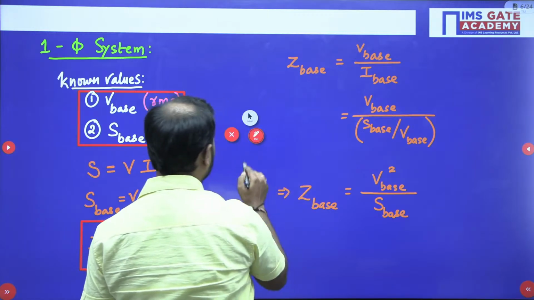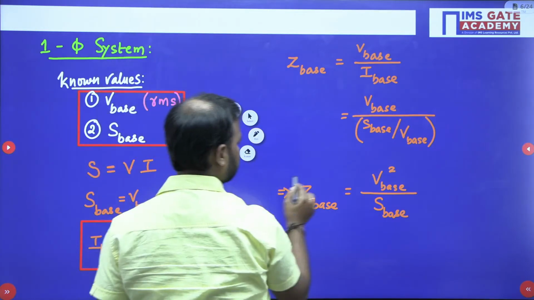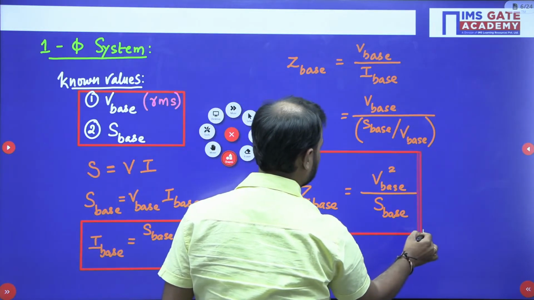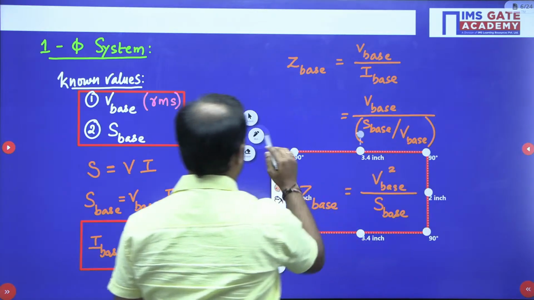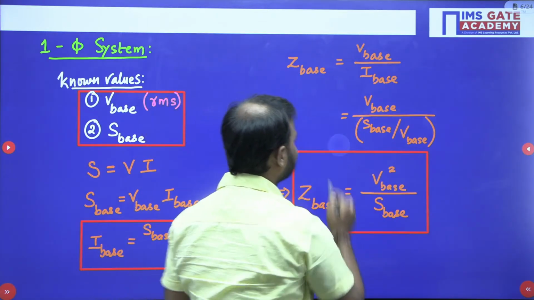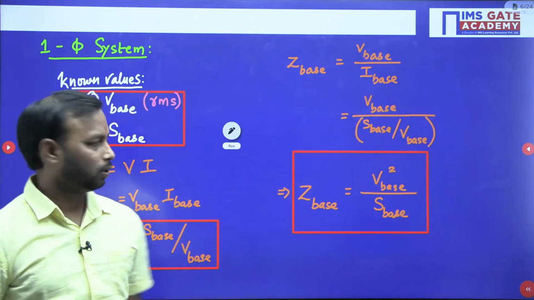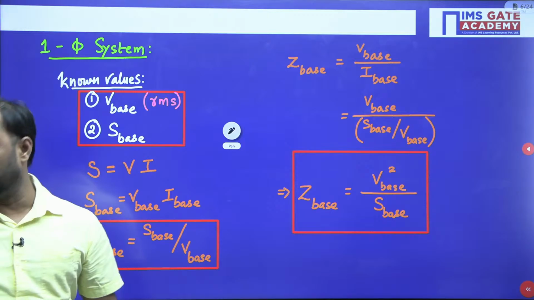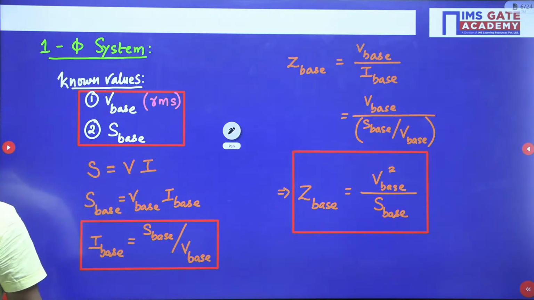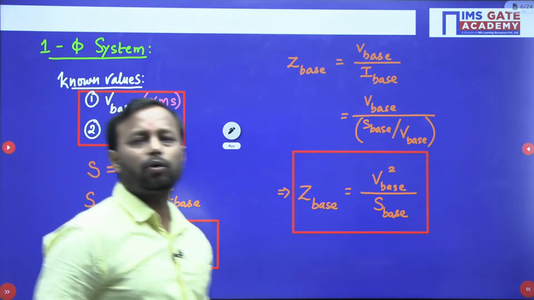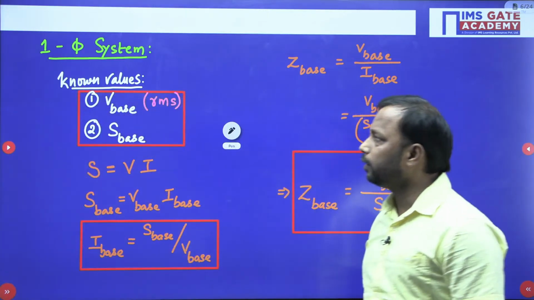Let me box this. Now we know every quantity's base value, since we know these two values. So this is your result for the single phase system. Any doubt in this, my dear friend?